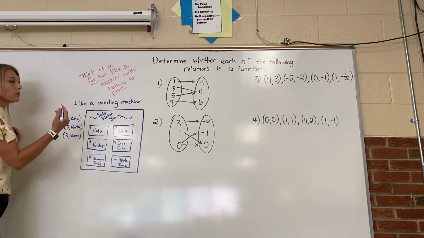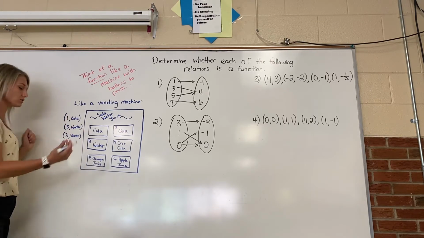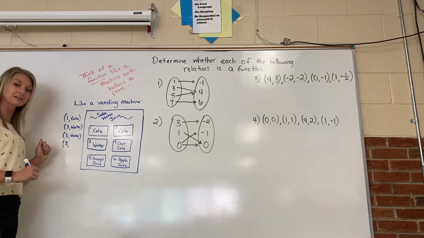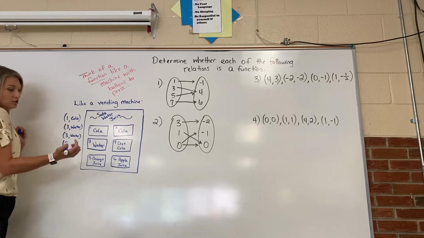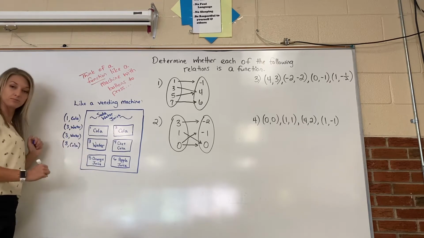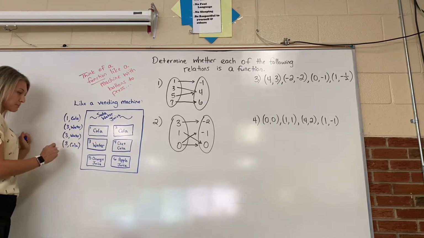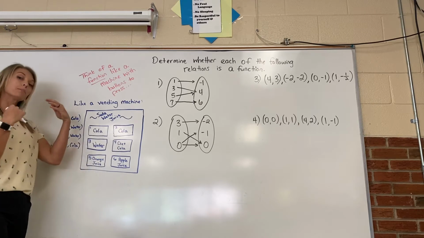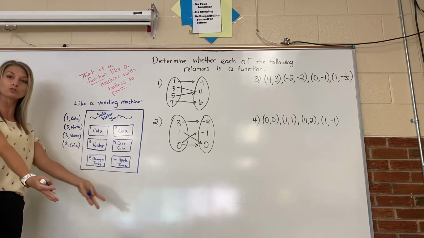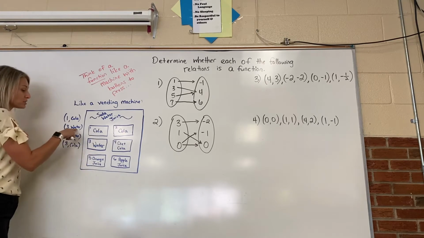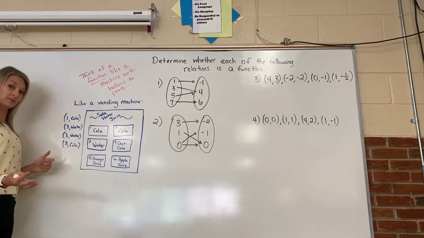And so, well, what would mean that it's not functioning correctly? Well, if you, for instance, press button number 3 again, and you end up getting a cola out of it, that's a problem, okay? So if this happens and you're pressing that same button, in other words, you're putting in the same signal to the machine, hey, I'm pressing button number 3, you're expecting to get the same thing out of it.